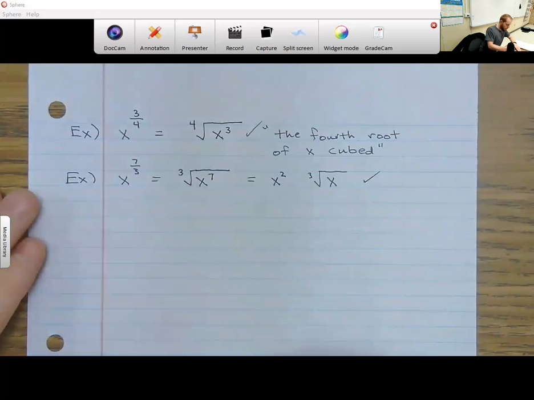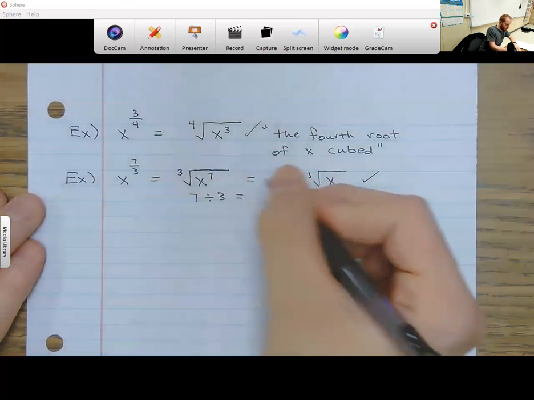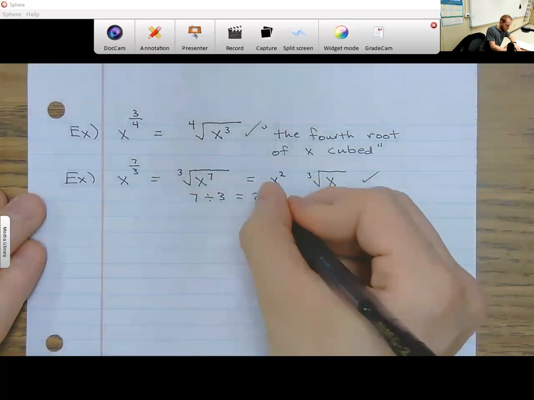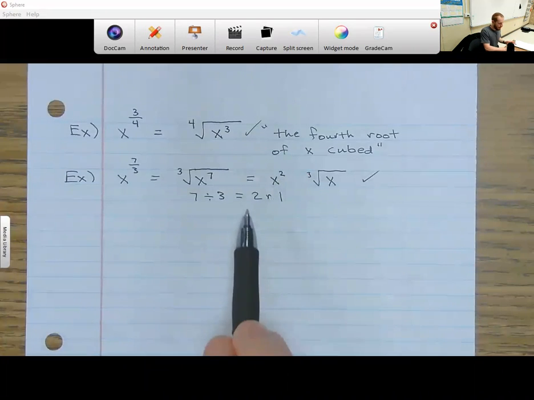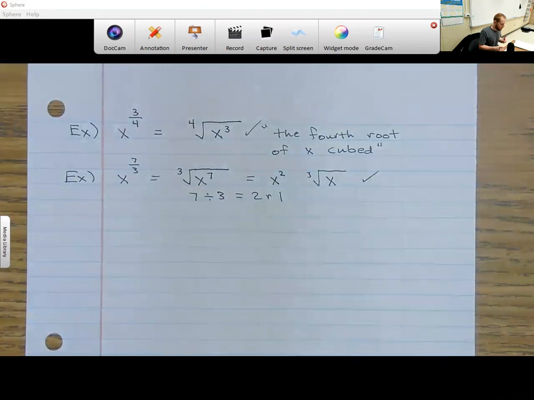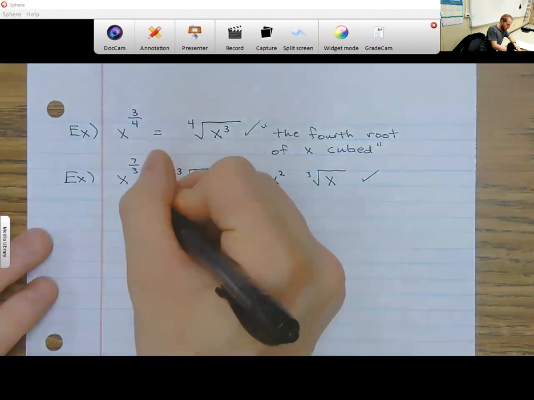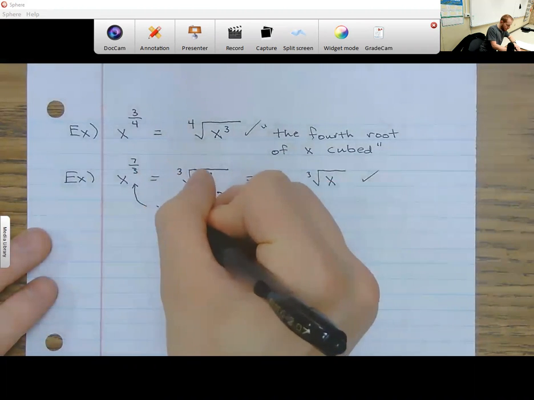And the way I got this was I did 7 divided by 3. We know that 7 divided by 3 is 2, remainder 1. So that's how I know I'm going to take out 2 x's, but I'm actually going to have 1 x still left under the radical. And that only happens when our fraction is improper. So check this out. This fraction up here, this is an improper fraction.